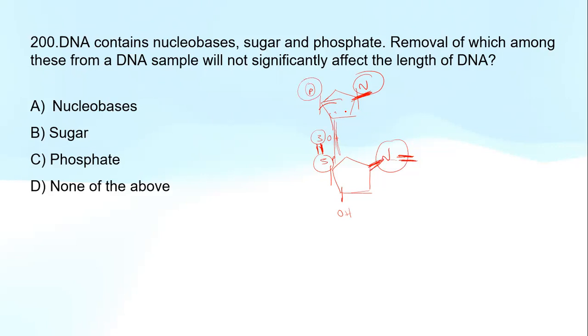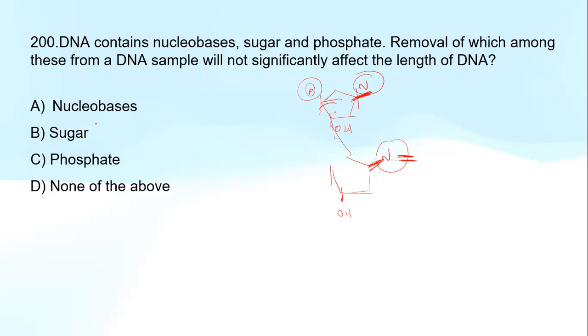So if you take away either the phosphate group or the sugar, it will definitely collapse the DNA's length, right? For example, let us say I eliminate the 5 prime phosphate. Here is an OH, and here is a phosphate. If I eliminate the phosphate, what will happen? There won't be a proper way to establish a bond.